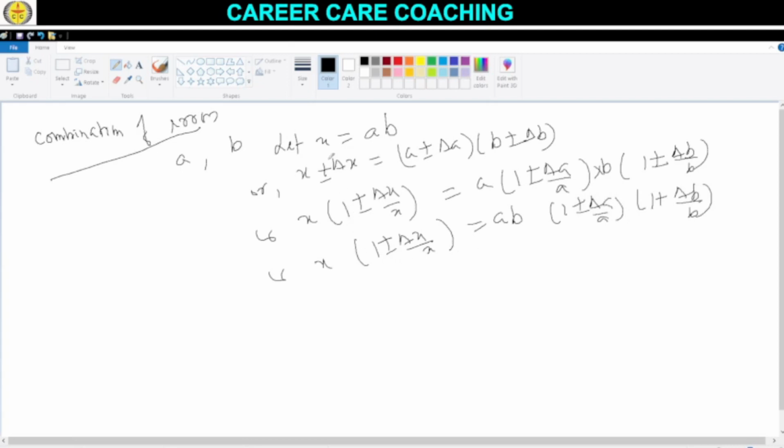So we have taken X is equal to AB, so this may be cancelled. Dividing both sides by X, this will be 1 and this equals 1.